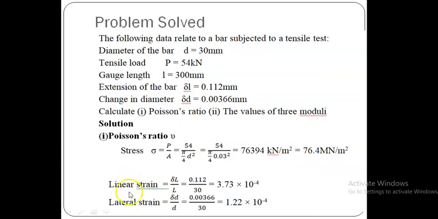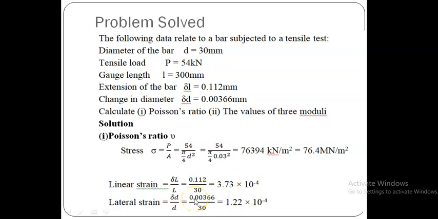Next let us find the linear strain. Linear strain is equal to del L by L. Here the extension of the bar is directly given, and the gauge length L is equal to 300 mm, so let us substitute and we have the linear strain.